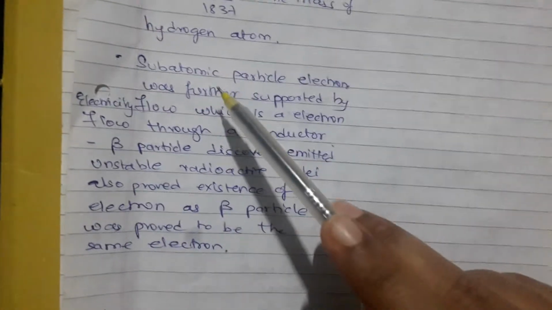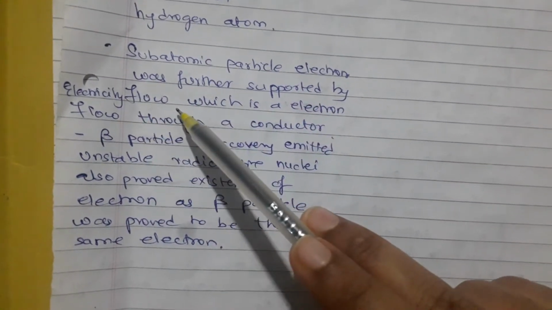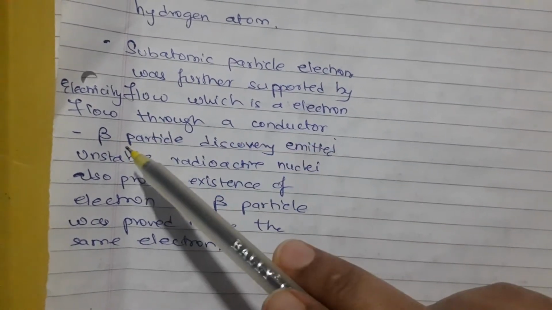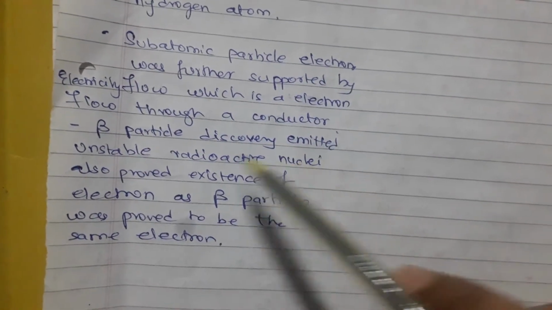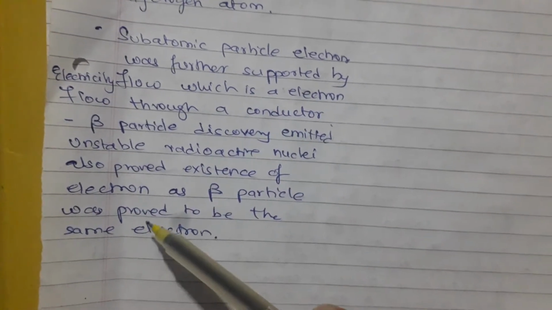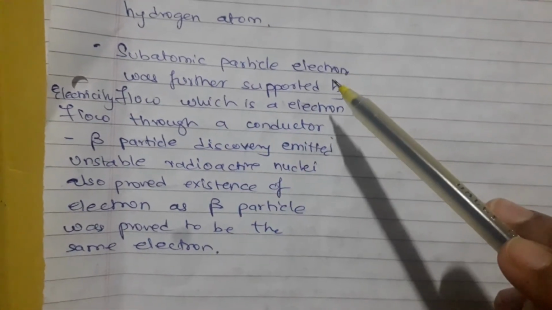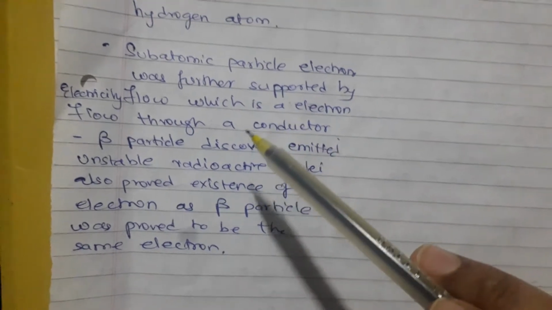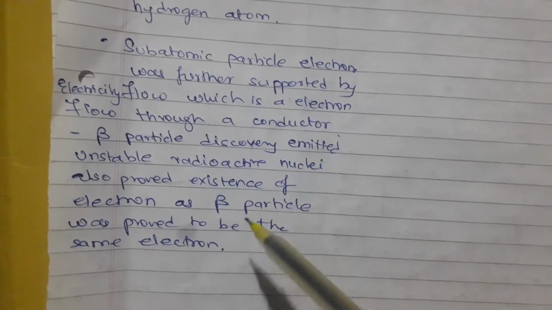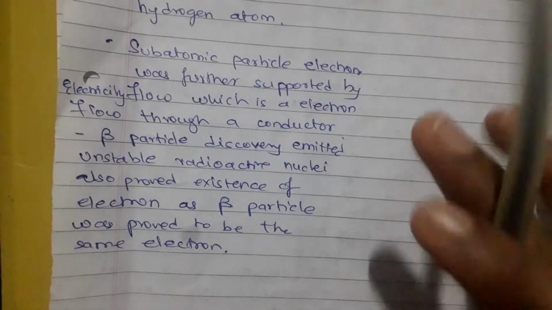We can say that the subatomic particle electron was further supported by electricity flow, which is electron flow through a conductor.